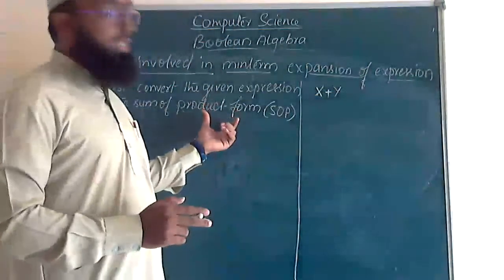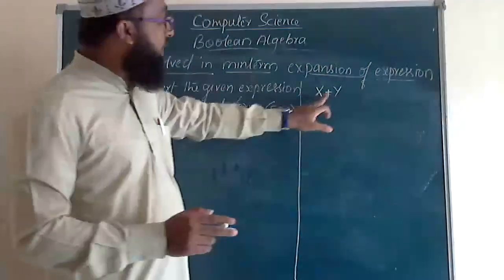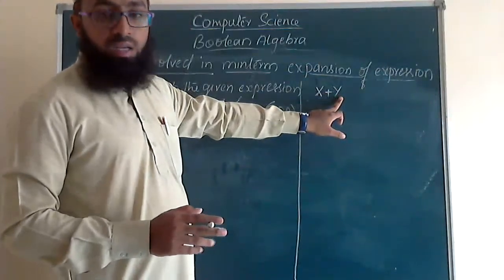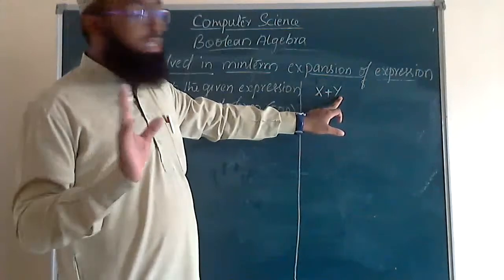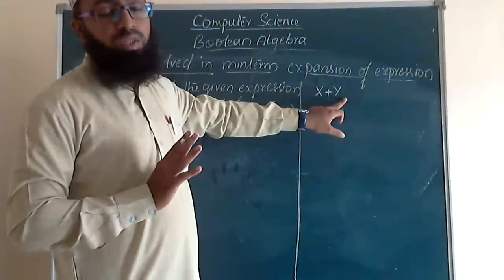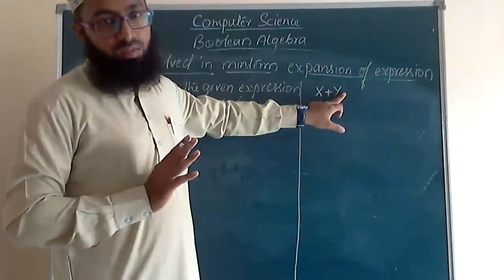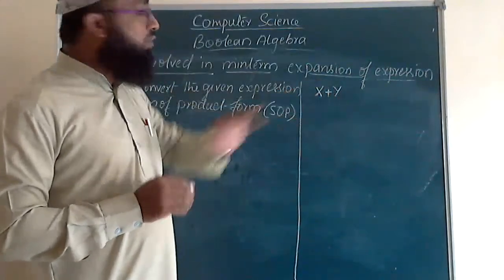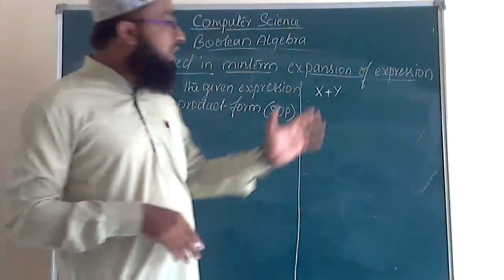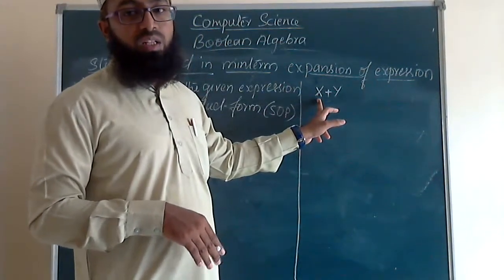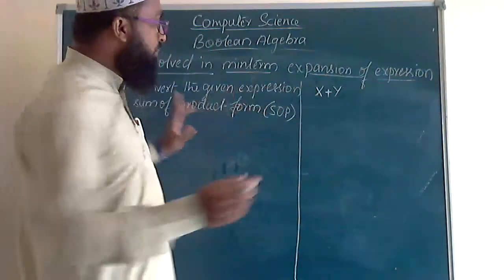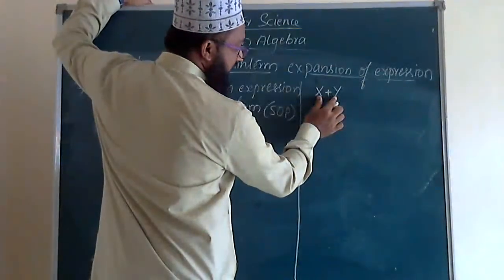So in min term, if only one variable is there and there is no other variable along with it, at that time what we have to do is write down the variable required beside it. Here x and y are there.